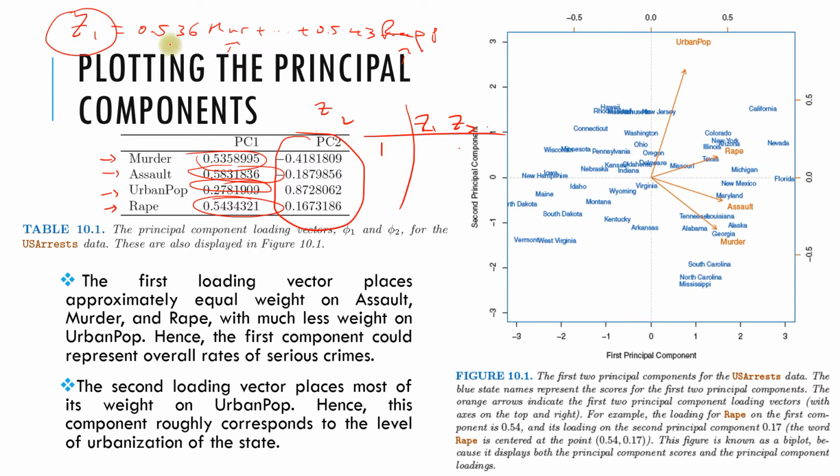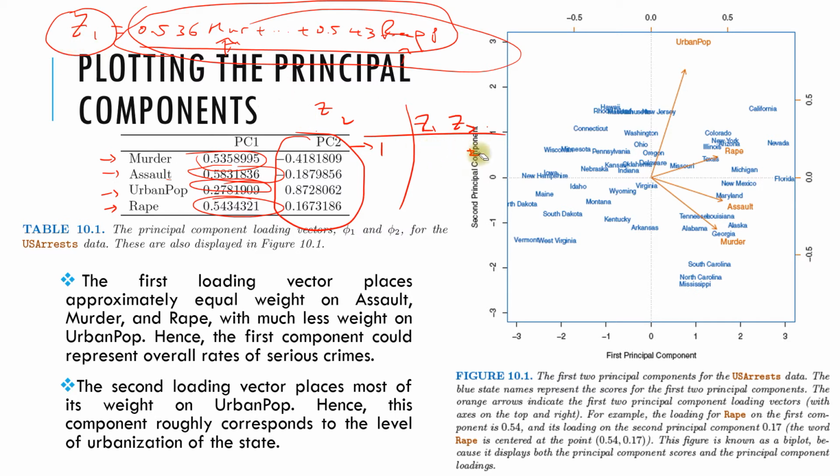So what I'm trying to say is that when you apply this linear combination for the first set of values of x1 and x2 for the first observation, you replace the value of murder and the value of assault for the first observation in this linear combination. You get a first value of Z1.